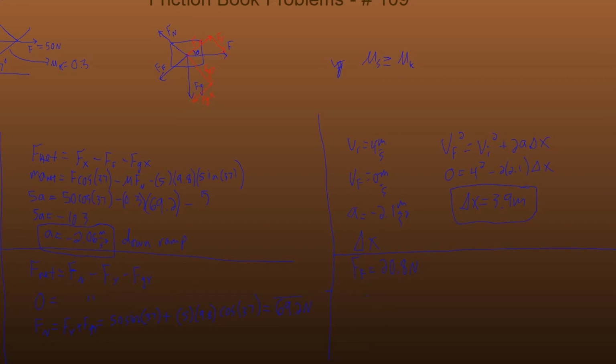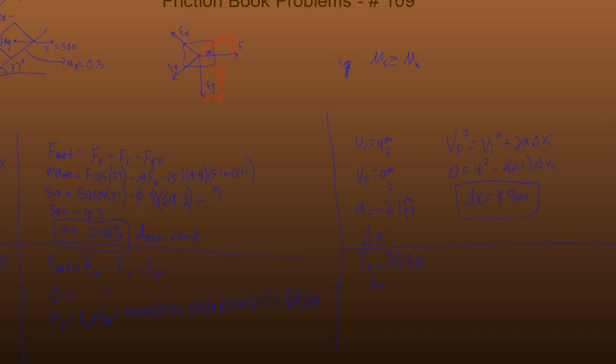Now, when it's at the top, it's not accelerating because it's stopped, so F net equals 0. And that's going to equal, well, we got Fx pushing up still, and we got gravity going down still, Fgx.